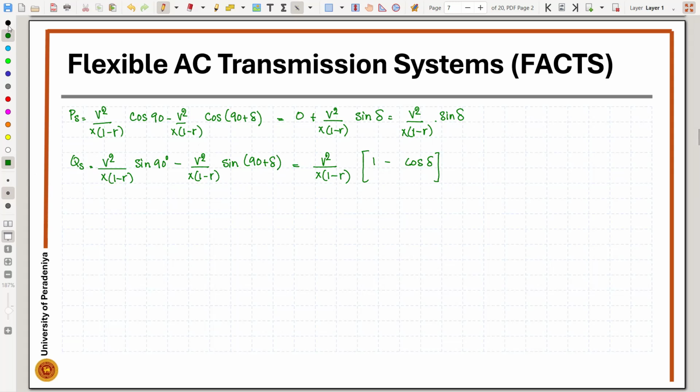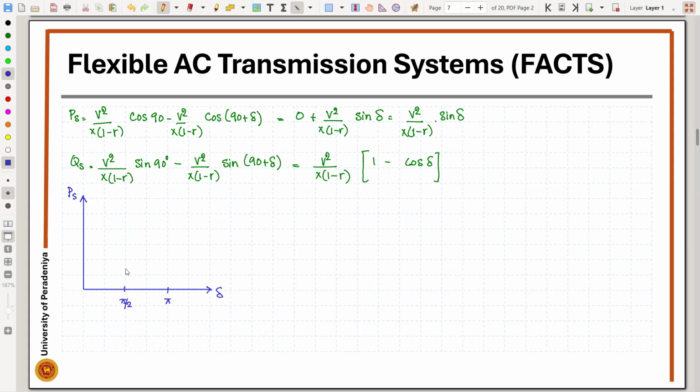If we plot the curves, if you look at the equation, the angle is delta, so it is not going to change.